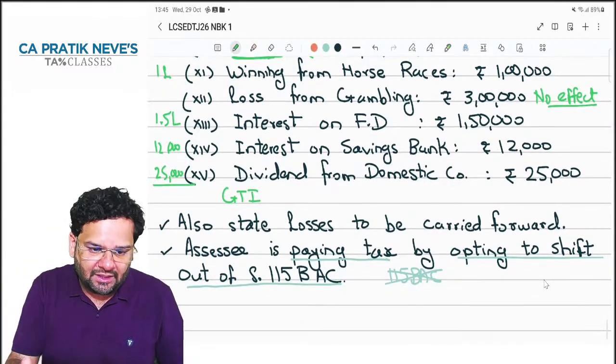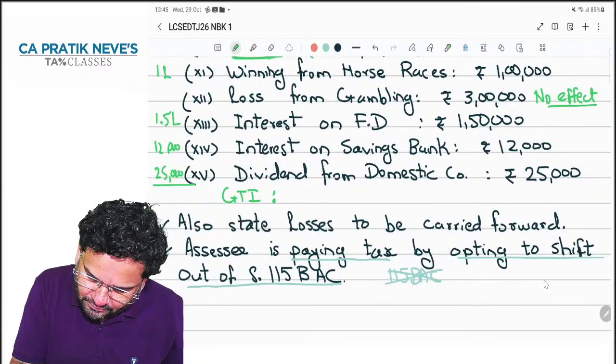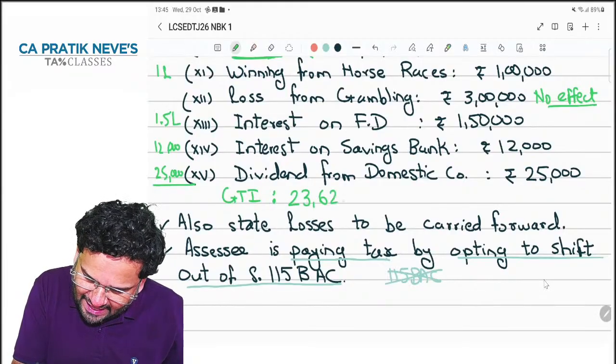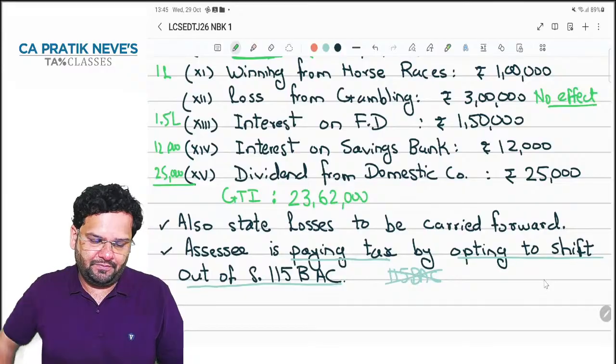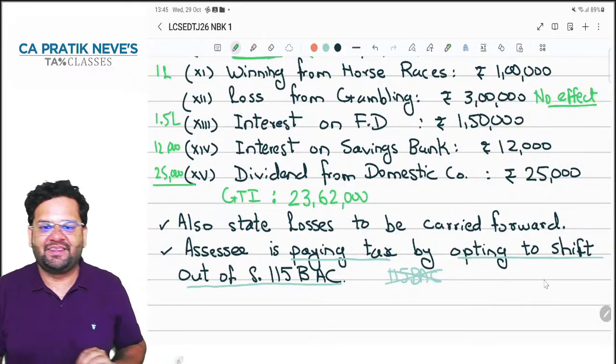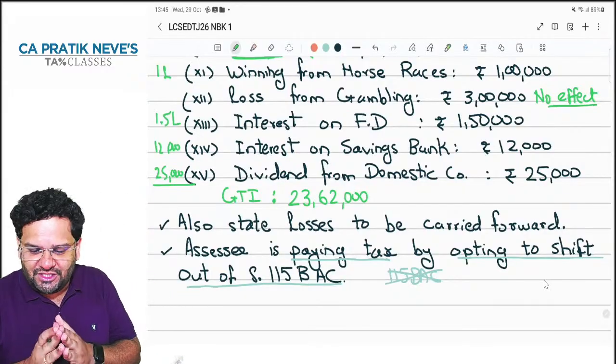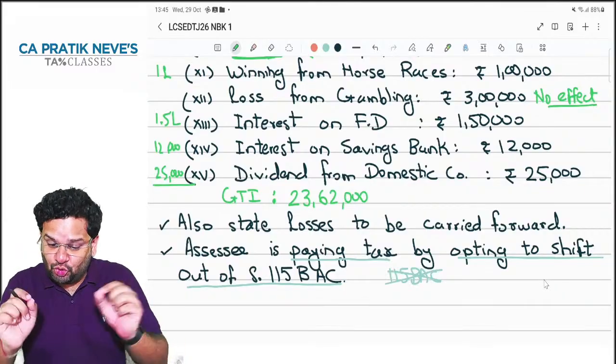You must be getting GTI of 23 lakh 62,000. Do you agree? Yes, sir. We got GTI of 23 lakh 62,000.